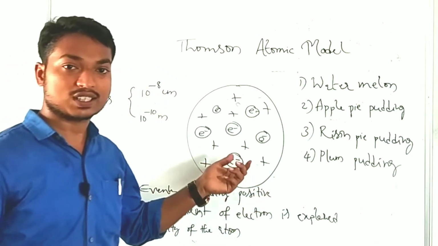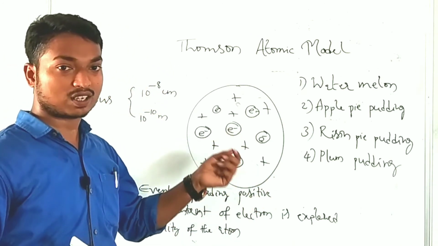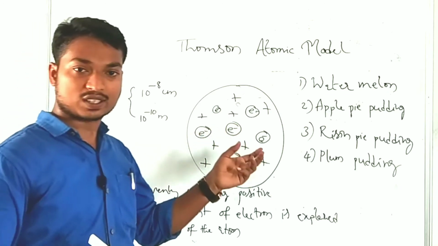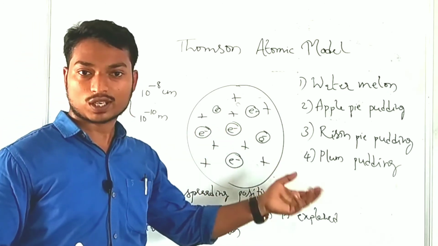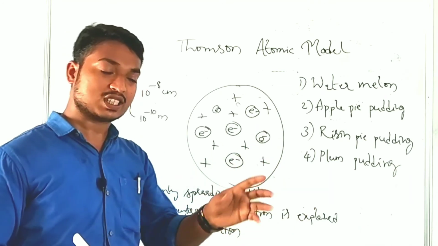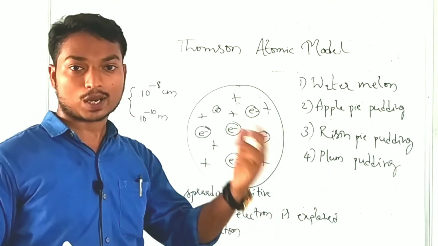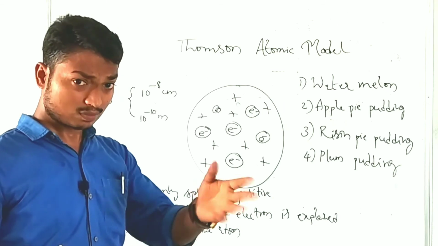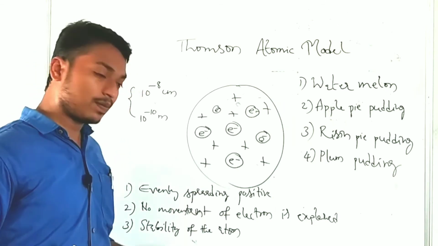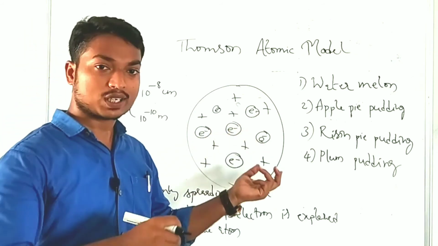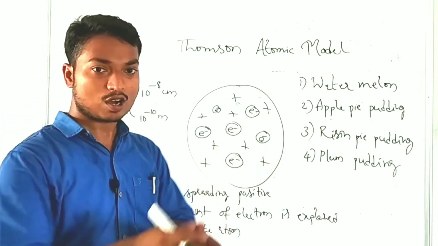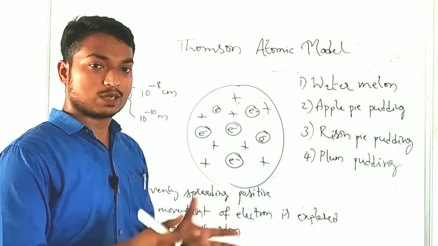This is a static model, meaning the position of the electron is stable and no movement of electrons is explained. According to modern theory, the electron is freely moving, but there is no fixed position for the electron. Finally, the stability of the atom is not explained: how the positive part and negative part are closely combined together and how the atom is stable.